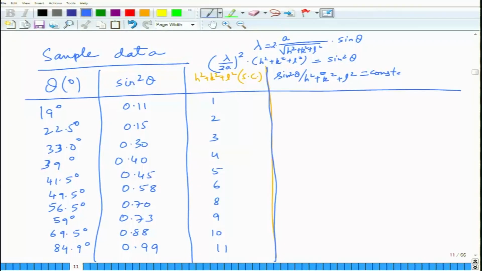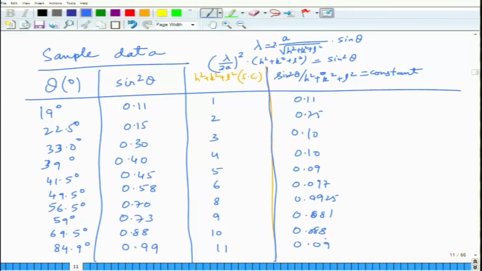Right. Let me work it out: 0.11, 0.075, 0.10, 0.10, 0.09, 0.097, 0.0925, 0.081, 0.088 and 0.09. Okay. They are not equal, they are all different to each other. As a result, it is not simple cubic.